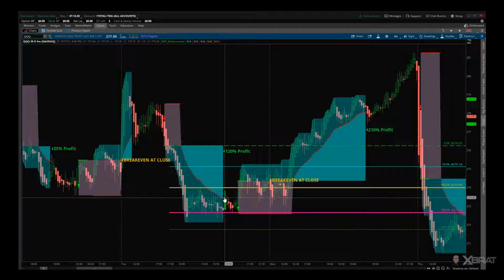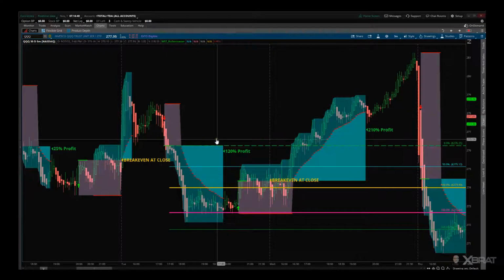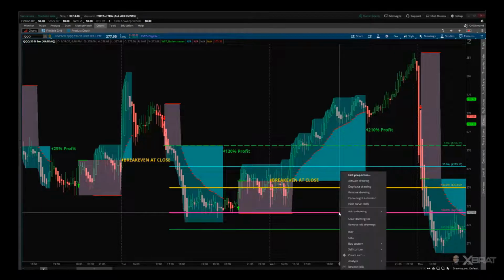So what we say is if we risk $10,000 here, that's one whole one, we would expect at this point our profit to be around about $12,000. So we've got 100%, 120% profit on this particular trade. So how I've worked out these 25%, 120, 210% and that sort of thing, I've used that simple tool. Let me just get rid of that drawing now.